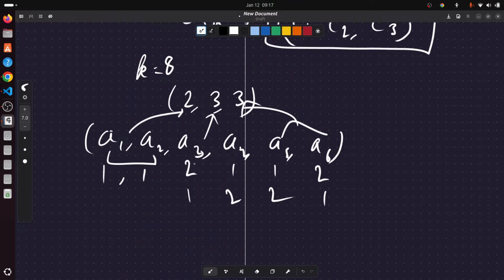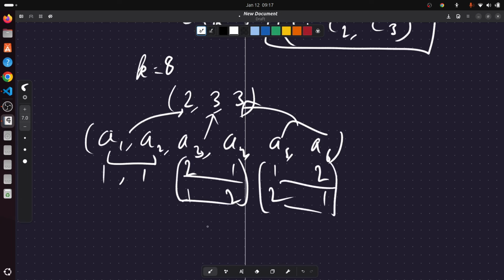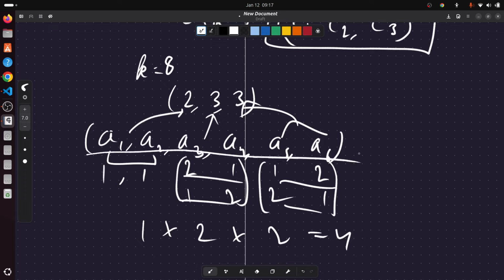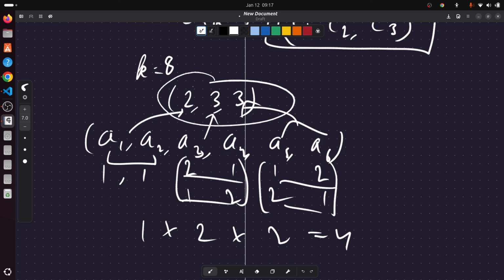So for A3, A4 I have 2 options, and for A5, A6 I have 2 options. In total I have 2 into 2 into 1, which is 4 options. That is 4 different arrays of A1 to A6 that make up this triplet of C1 to C6.